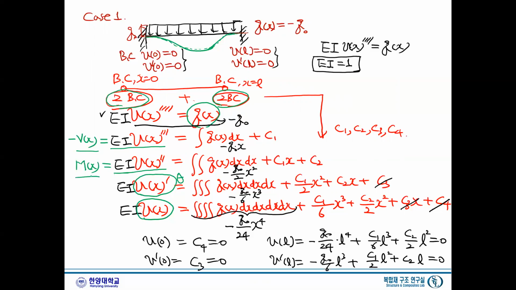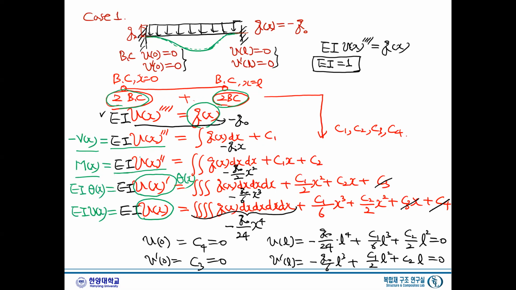V(x), moment M(x), and theta, which is also a function of X. So I will put it here. EI theta slope, function of X, and EI, well, I will write V(x).